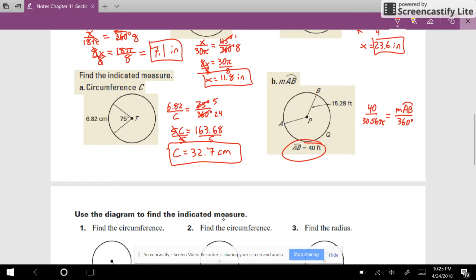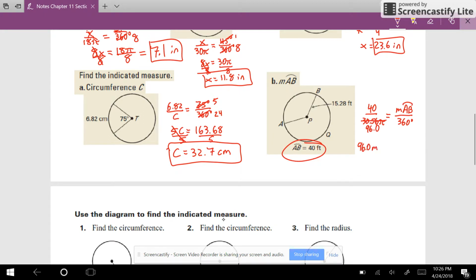So this is going to get a little messy. Maybe it's helpful to actually have a decimal here for this 30.56. So let's plug that in the calculator. 30.56 pi is what we have for a circumference. So that's about 96.0. Okay, so let's use that. That's a little bit nicer.